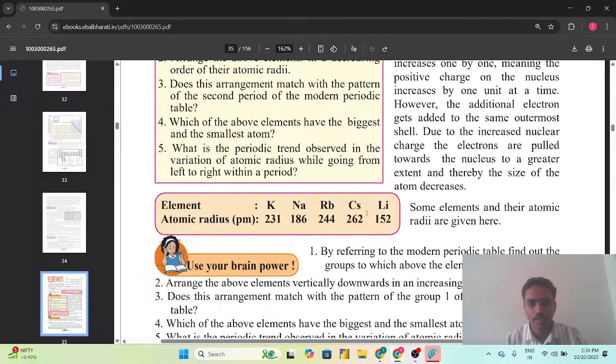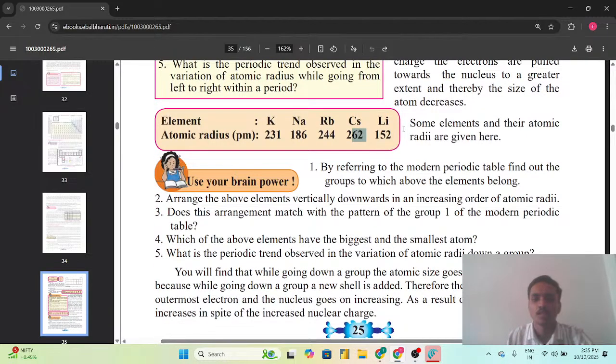So we can see here the atomic radius: लिथियम का 152, सोडियम का 186, पोटेशियम का 231, रुबिडियम का 244, cesium का 266. So we can see that the atomic radius goes on increasing while moving down the group of the periodic table.